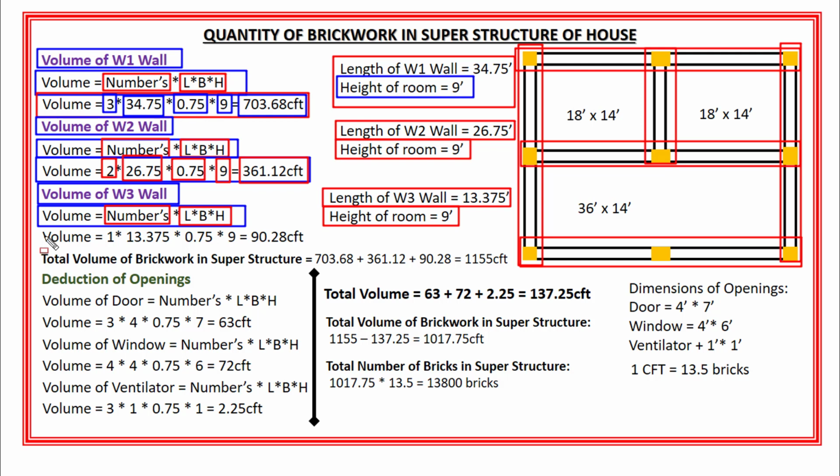So the volume of W3 wall is equal to 1, which is the number of W3 walls in this house, multiplied by the length of W3 wall, which is 13.375 feet, multiplied by the width of W3 wall, which is 0.75 feet, multiplied by the height of W3 wall, which is 9 feet. And the total volume of W3 wall will become 90.28 cubic feet.